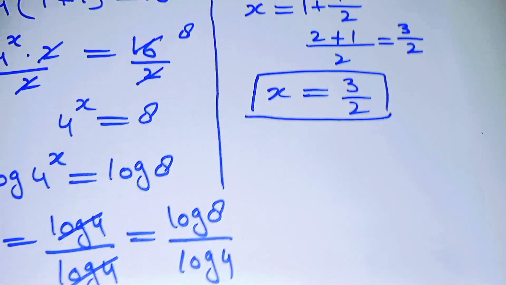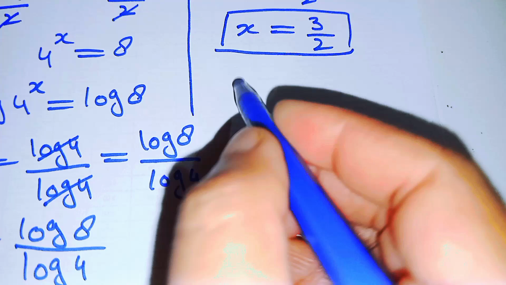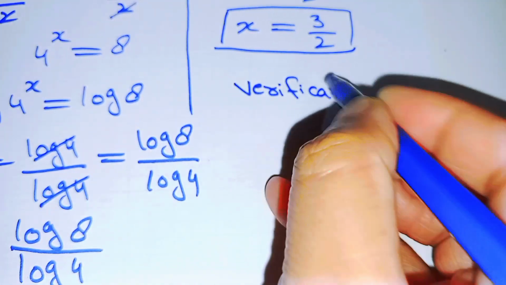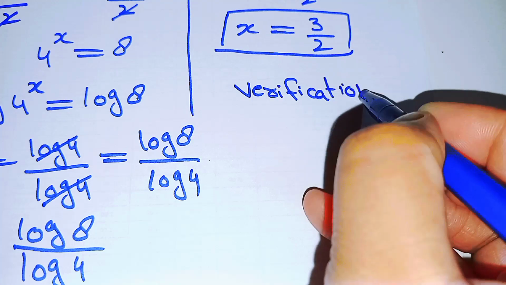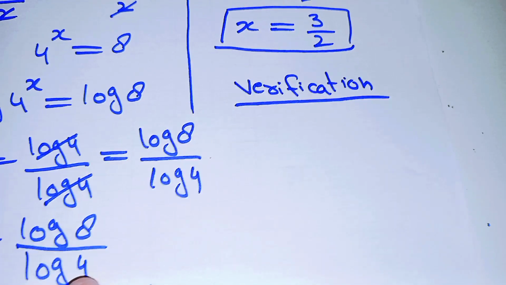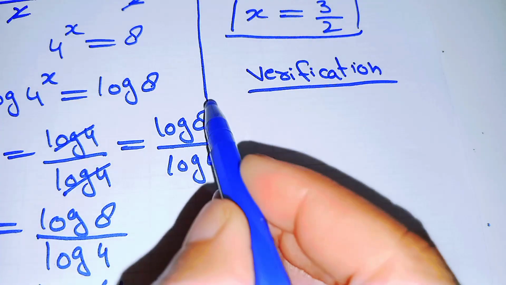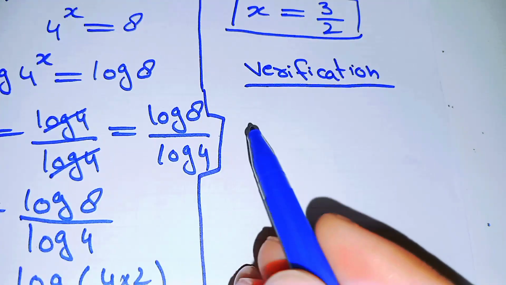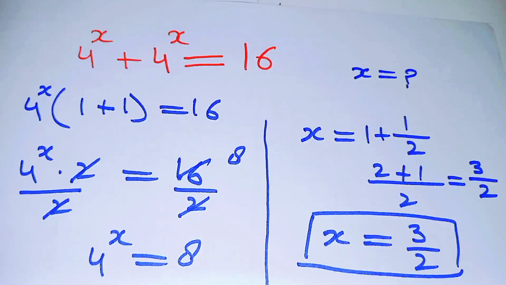So here we verify it. Verification: we put in the equation 4 to the power x plus 4 to the power x is equal to 16.